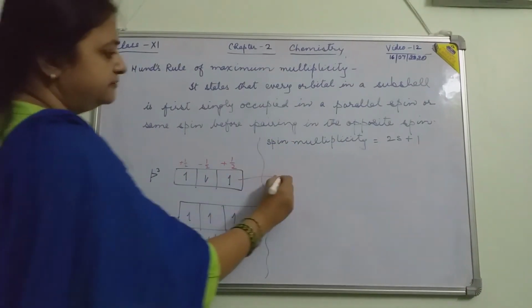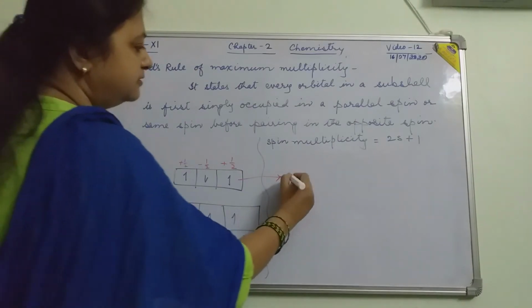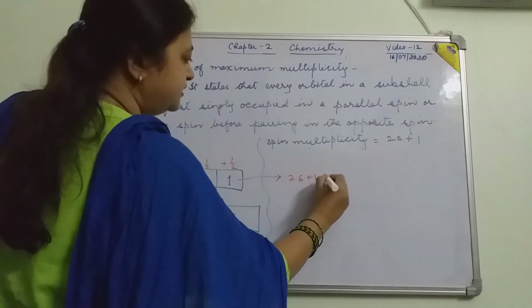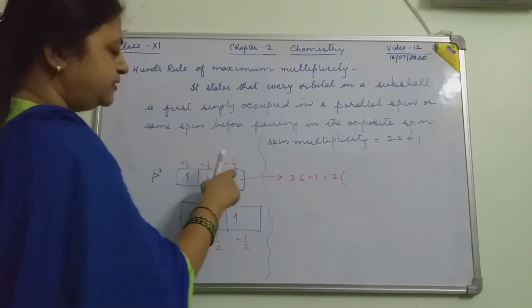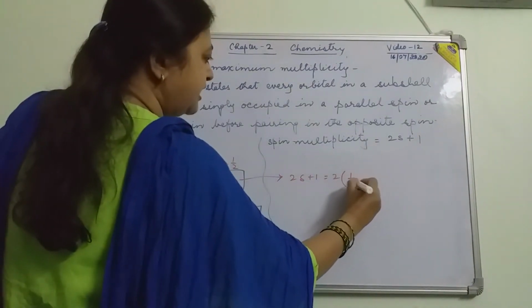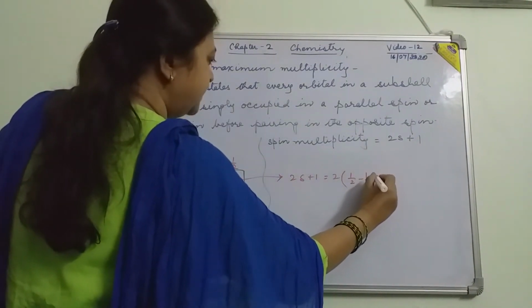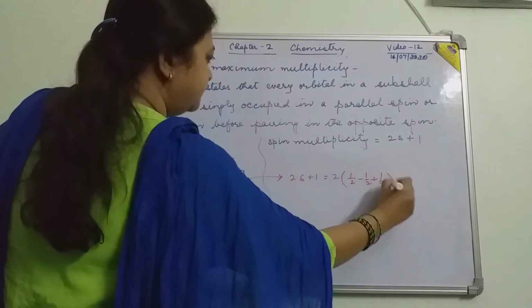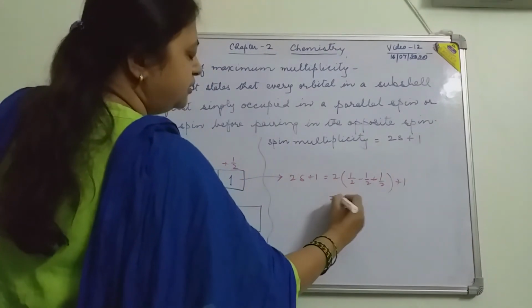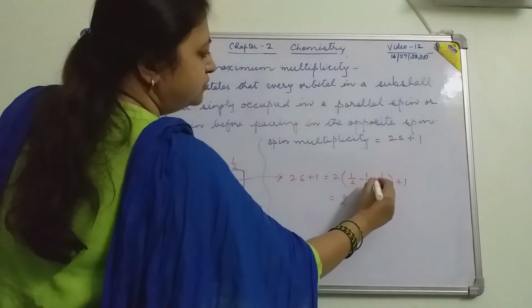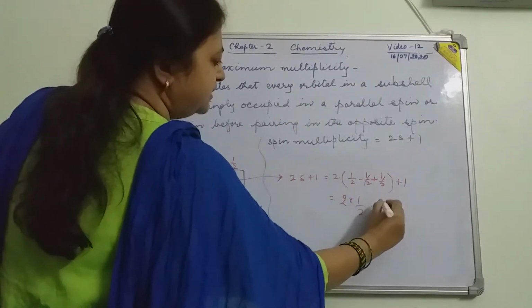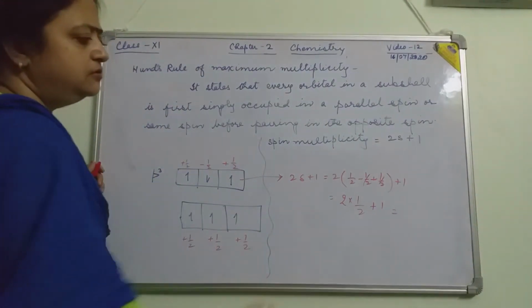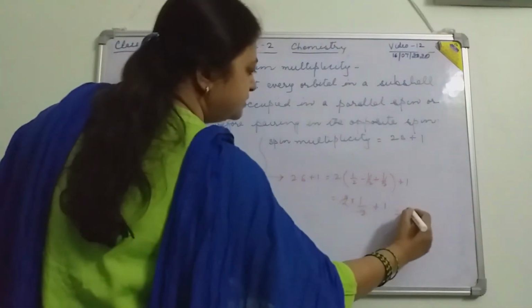For the first, 2s plus 1 with s equal to plus half minus half plus half gives 2 into 1 by 2 plus 1, which is 2.